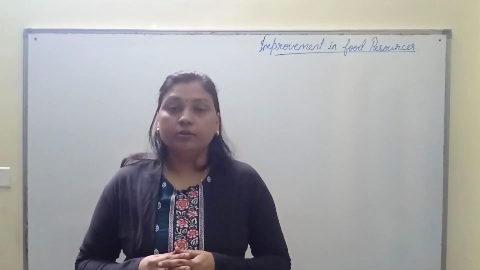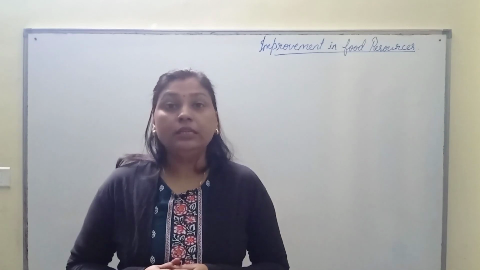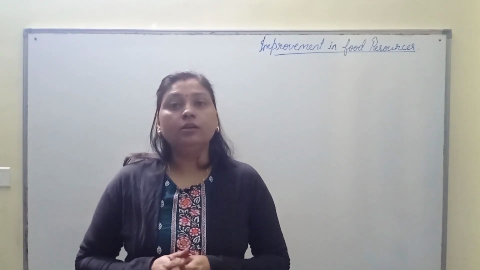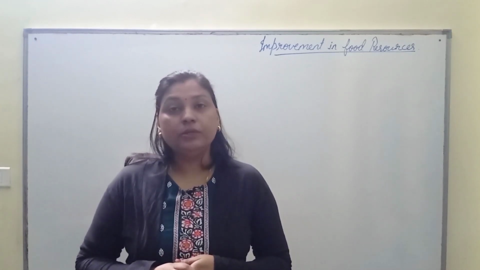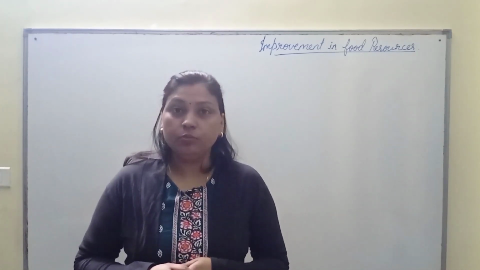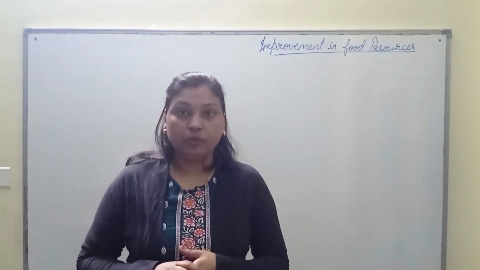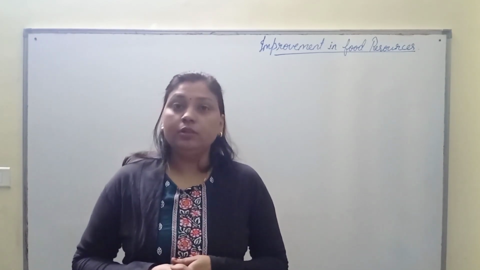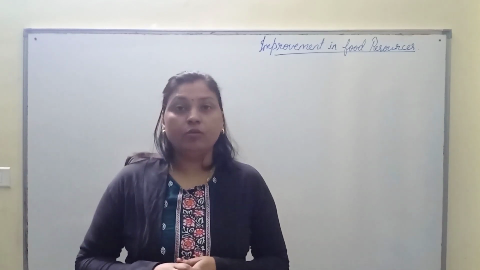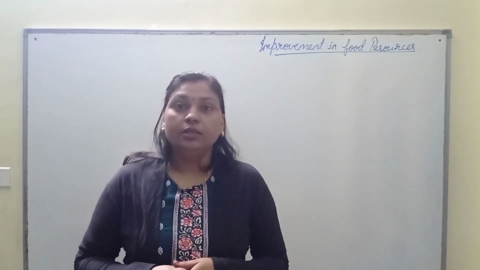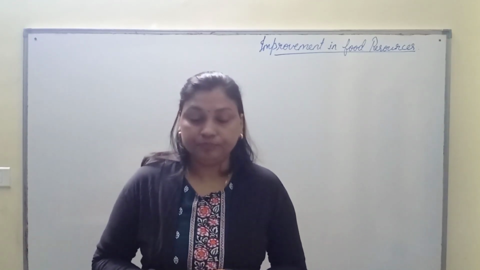And this second step can be accomplished in three ways. First one is crop variety improvement, second one is crop production improvement, and third one is crop production management. So in this part we will discuss how we can improve our crop variety and thus increase our crop production. So let's begin.